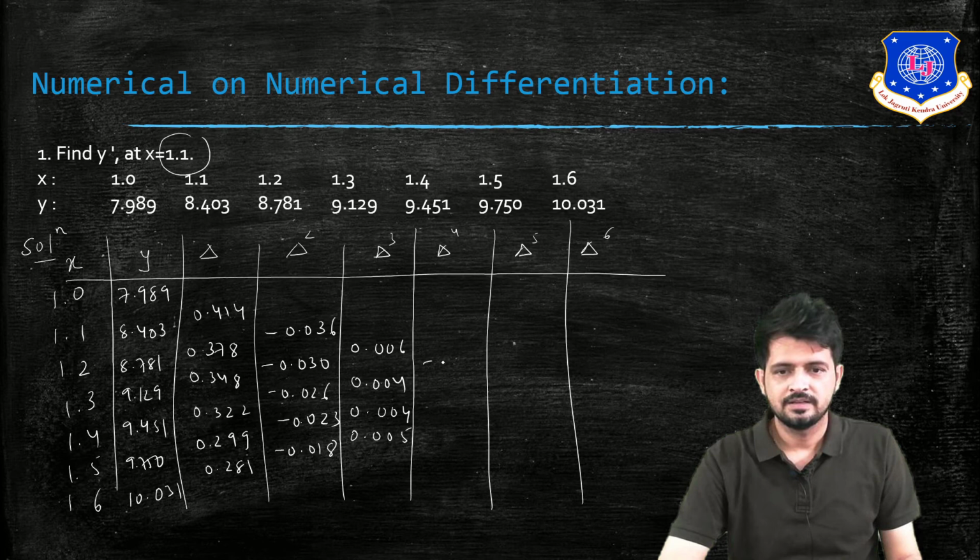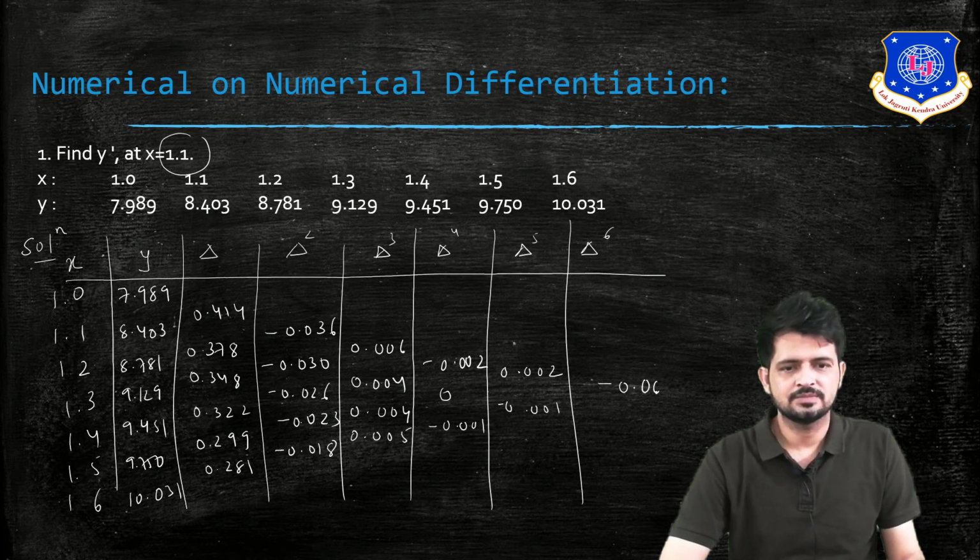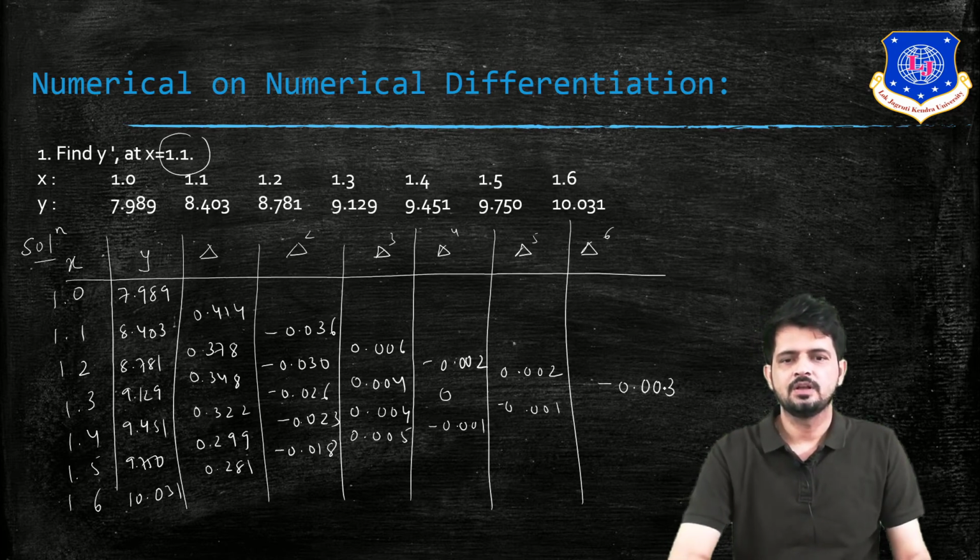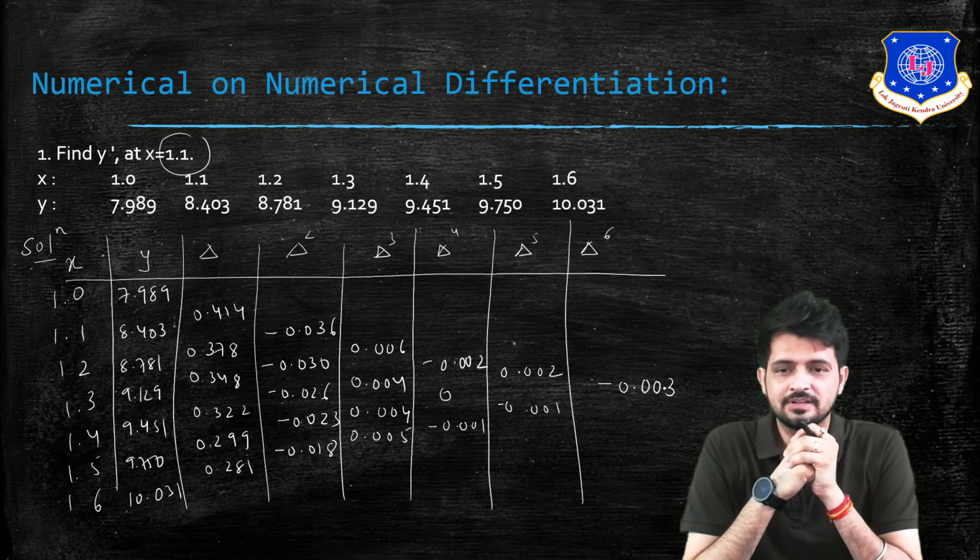Fine. Minus 0.002, this will be 0. Okay, and minus 0.001. Fine. Again here 0.002 and minus 0.001, and the last value will be minus 0.003. Okay, so this is the forward difference table.